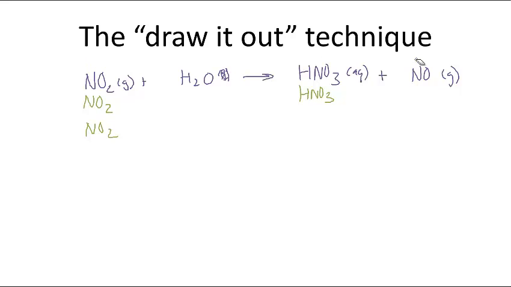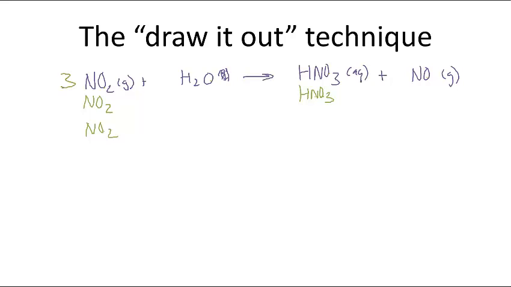It won't be bad at all. So my nitrogens are now back to being all set. 3 nitrogens on the reactant side, 1, 2, 3 on the product side. So last we'll check the oxygens. 1, 2, 3, 4, 5, 6, 7. 1, 2, 3, 4, 5, 6, 7. So now my atoms are completely balanced and inventoried.